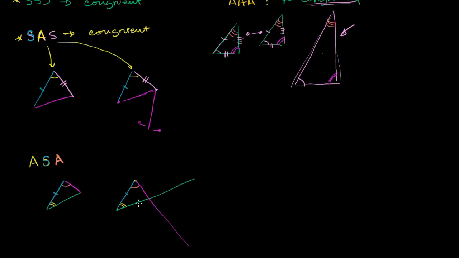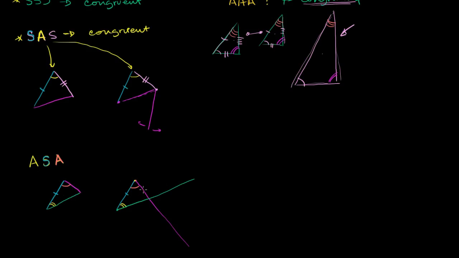Once again, there's only one triangle that can be formed this way. We can say all day that this length could be as long or as short as we want, and this one too. But the only way they can actually touch each other and form a triangle with these two angles is if they are the exact same length as these two sides right over here.